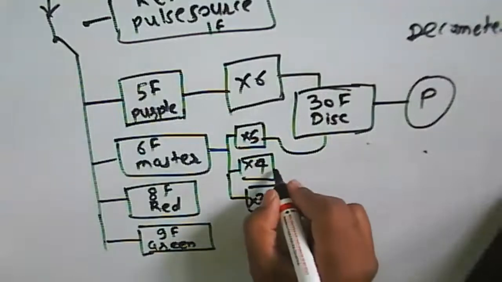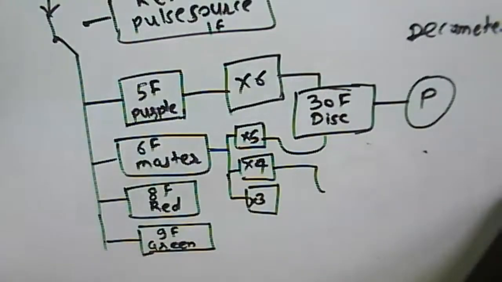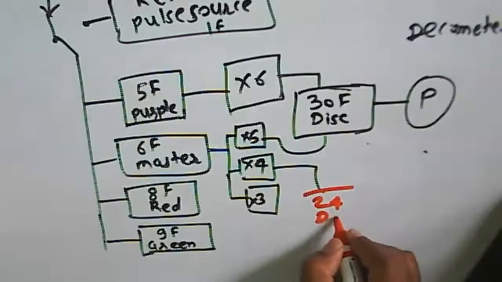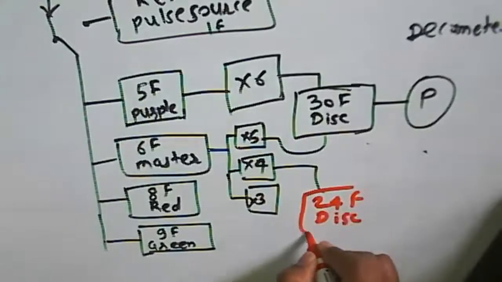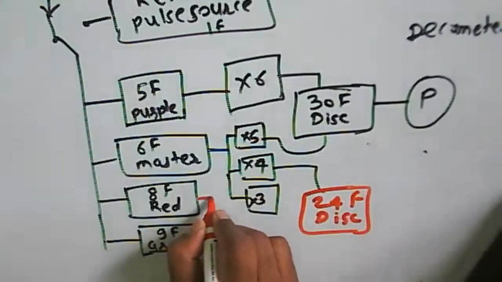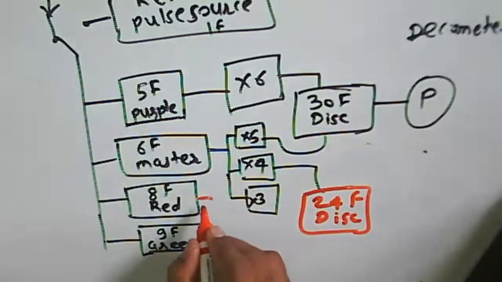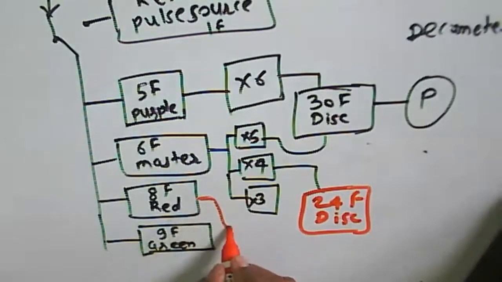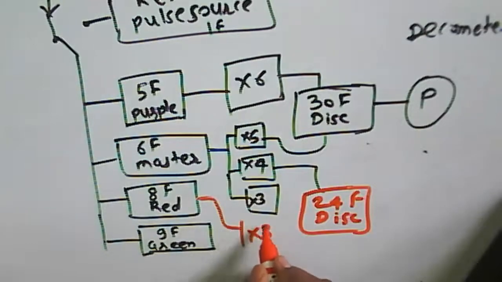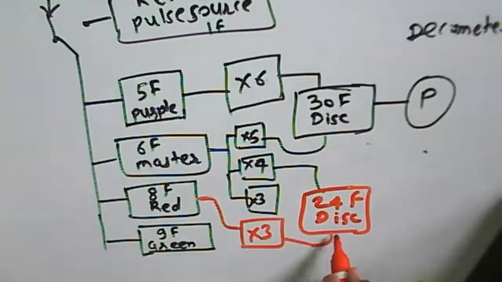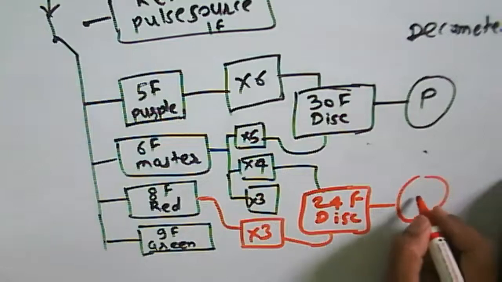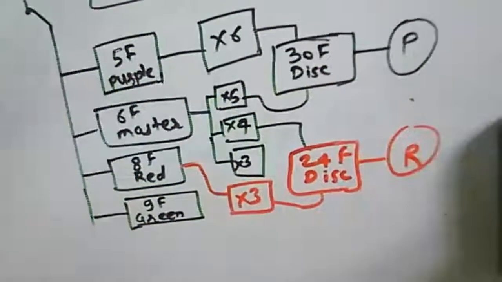Similarly for the red, we consider a 24F discriminator, then a 3x multiplier, and from this it will be the red decometer.